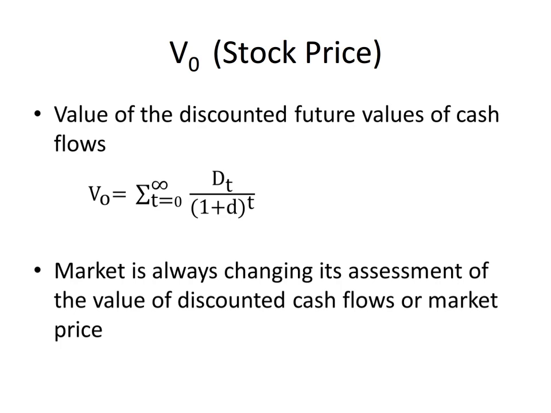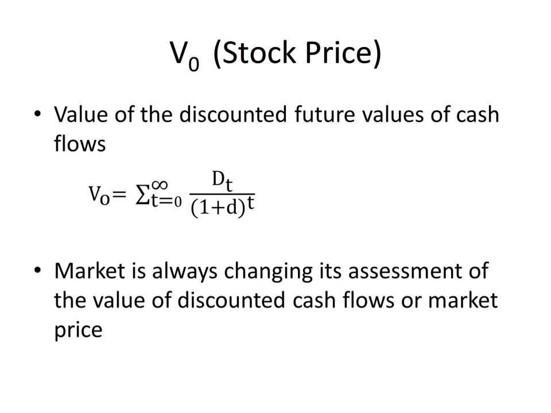So here you see it listed: V sub 0, or the value of the stock, is the sum of the future cash flows discounted to the current time period. The market is always changing in its assessment of the value of discounted cash flows, or the market price. We're making the assumption here that the market price represents the value of the discounted cash flows.